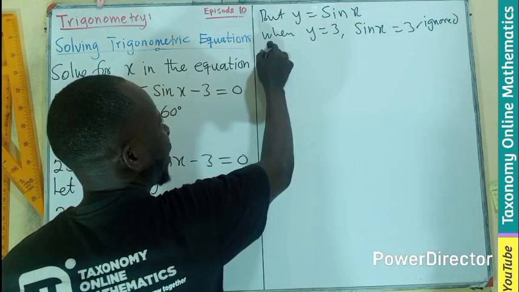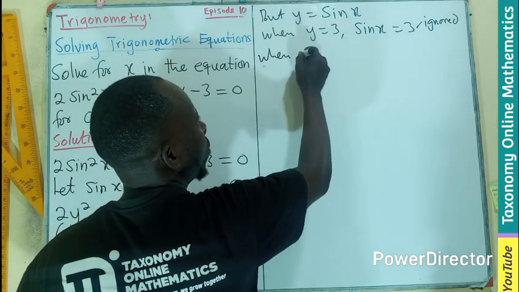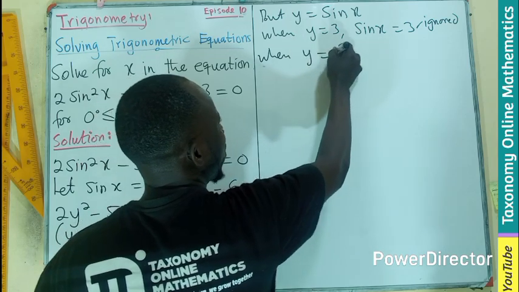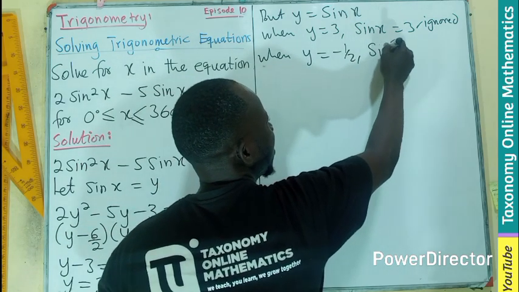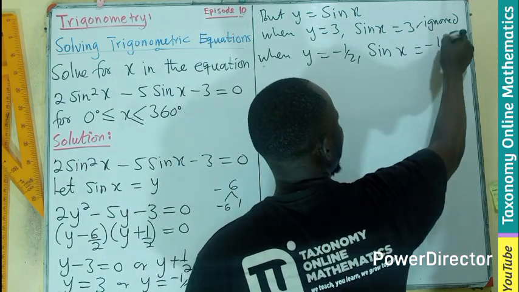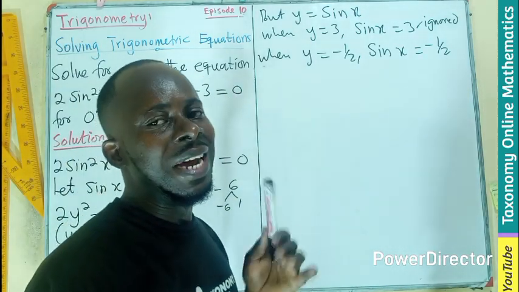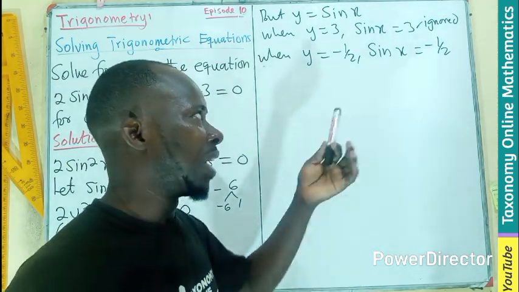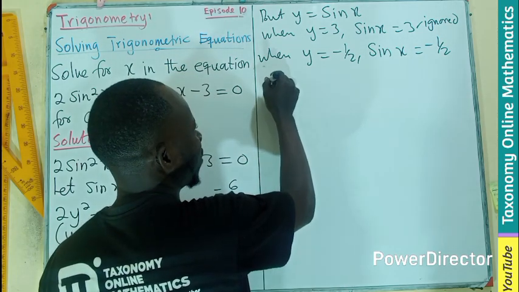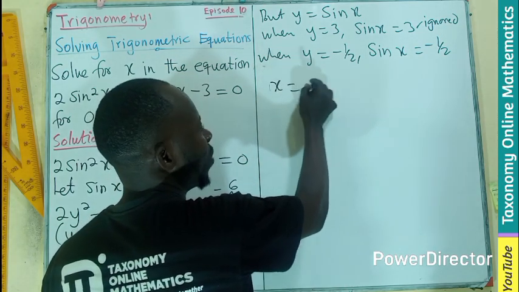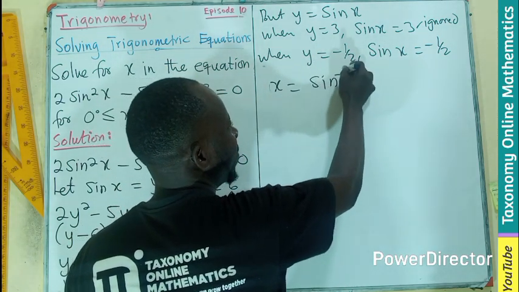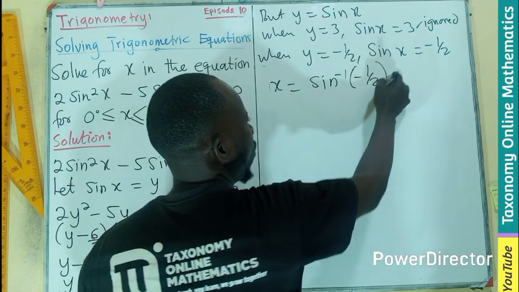Where do we go? When y equals negative half, sine x will be equal to negative half. Then remember we did negative angles. This is an example of that. So your x will now be equal to the sine inverse of negative 1 over 2.